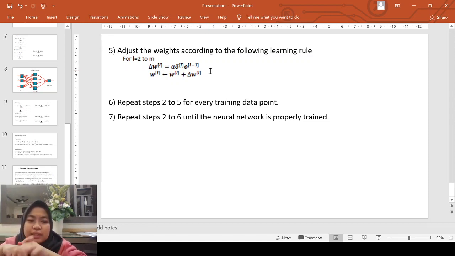And then after that we repeat steps 2 until 6 for 1000 times, according to our setting. So for example, if we set it as 1000, we have to repeat it 1000 times.